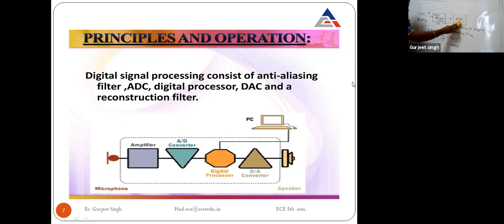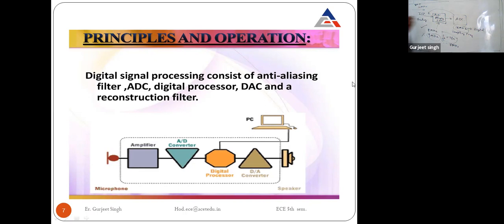So before this ADC, we apply this anti-aliasing filter. Suppose I am working on this ADC, and the frequency coming from the input side was previously 7 megahertz, but it suddenly rises and becomes 10 megahertz. What this anti-aliasing filter will do is pass only signals of frequency up to 8 megahertz.